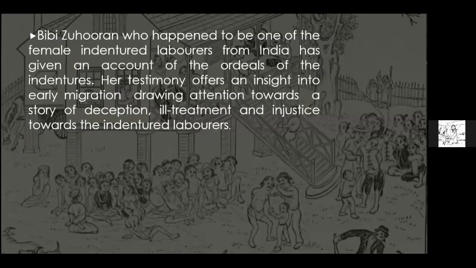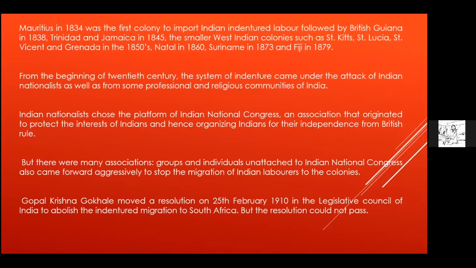She has highlighted the kind of harassment women were subjected to, including physical molestation by the plantation owners. Then the existing regulations again failed to stamp out abuses of the system, which continued, including recruitment by false pretenses. And consequently, in 1843, the government of Bengal was forced to restrict emigration from Calcutta, only permitting the departure after the signing of a certificate from the agent and countersigned by the protector.